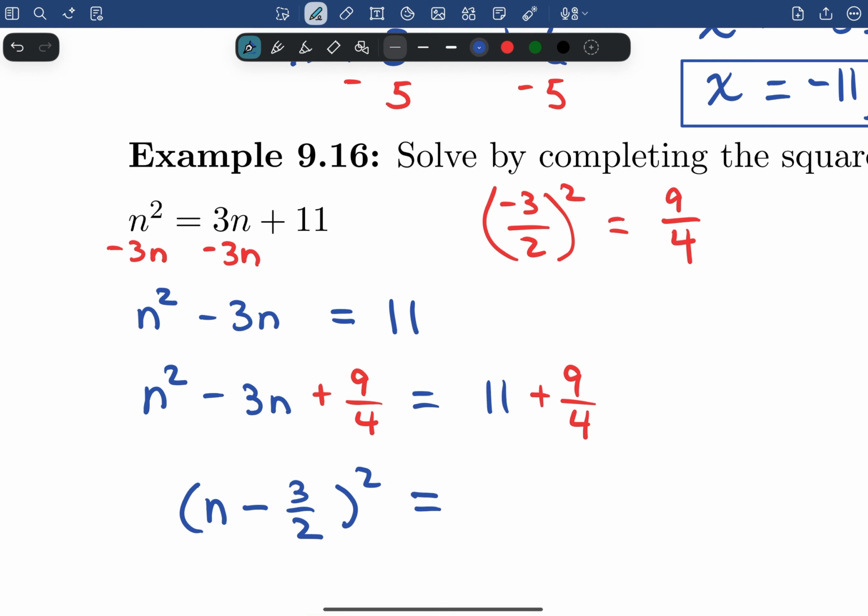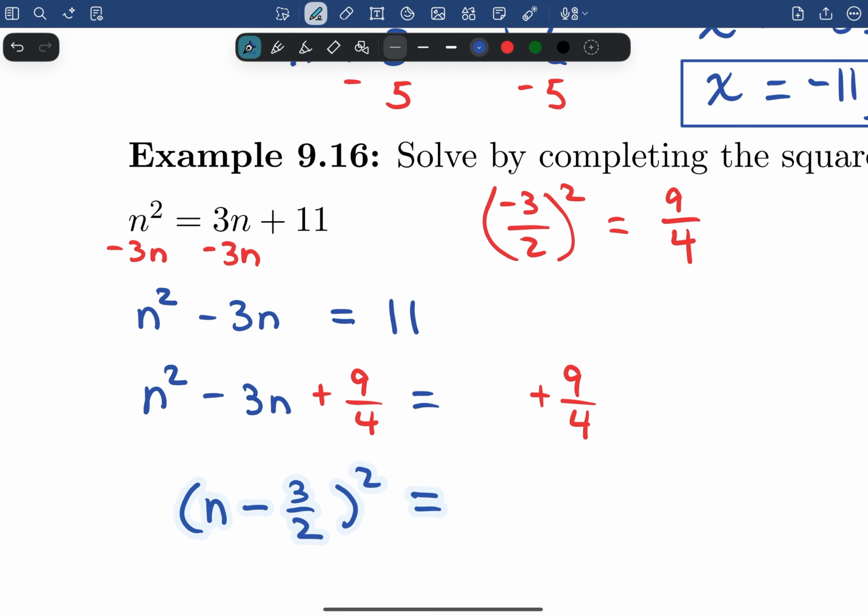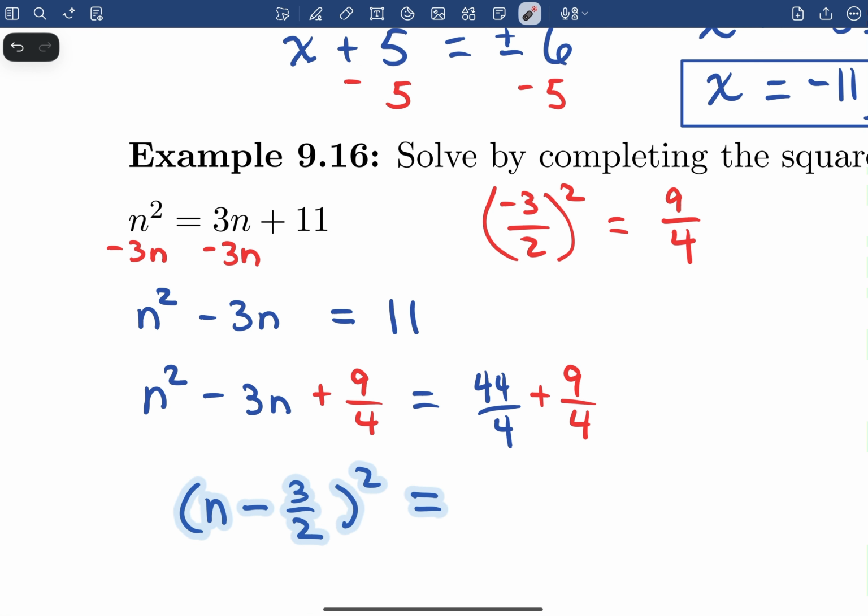Now, this is all equal to 11 plus 9/4. Now, if I want to combine these into a single fraction, right, 11 can be replaced with 44/4 because 11 times 4 is 44. And so I could always take this 11 and turn it into 44/4, right? Because we know 44 divided by 4 is 11, right? Same thing, they're equal. But why would I do that?